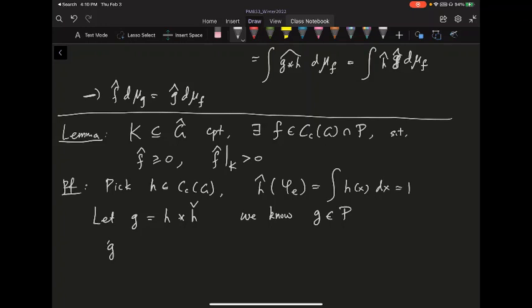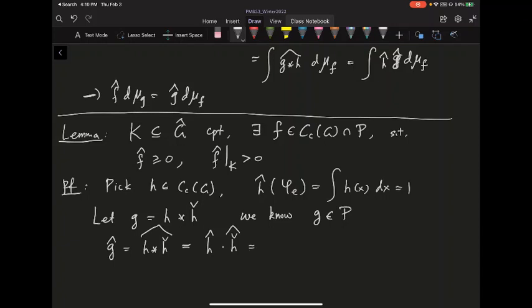And moreover, if you consider G hat, G hat is going to equal this whole thing hat, but we showed that the Fourier transform is a star homomorphism, so it will respect the involution and convolution structure. So this one becomes the H Fourier transform, and then you multiply by the Fourier transform of H check, the involution.